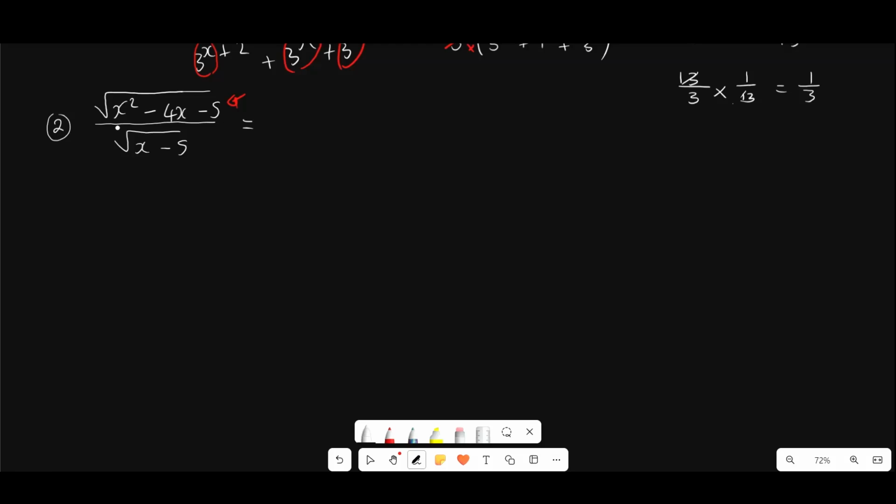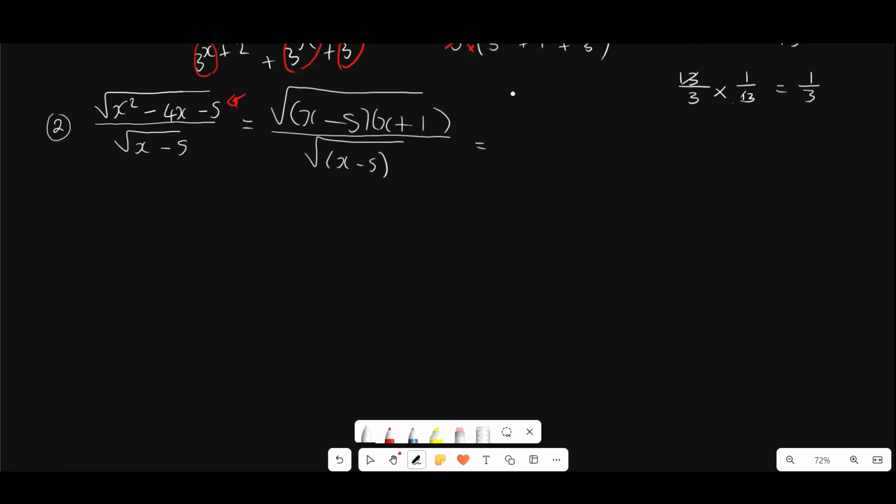Now in that case, I have to factorize the numerator. Let us see. So if I factorize, I'll have x and x, and then the 5 and 1, negative and positive, right? And then at the bottom I'll have the square root of x minus 5.